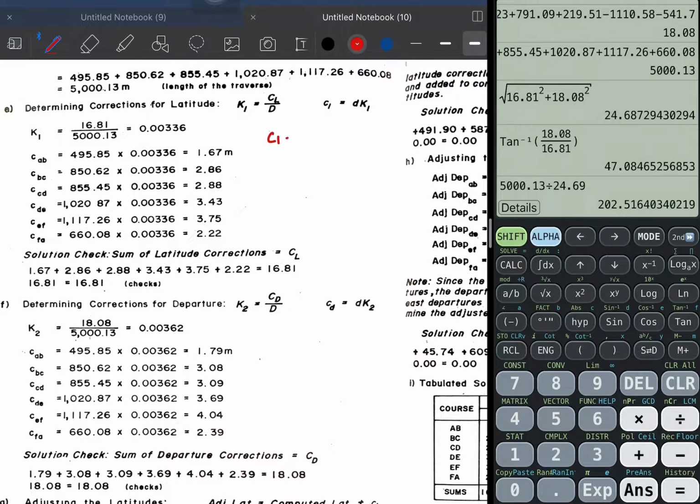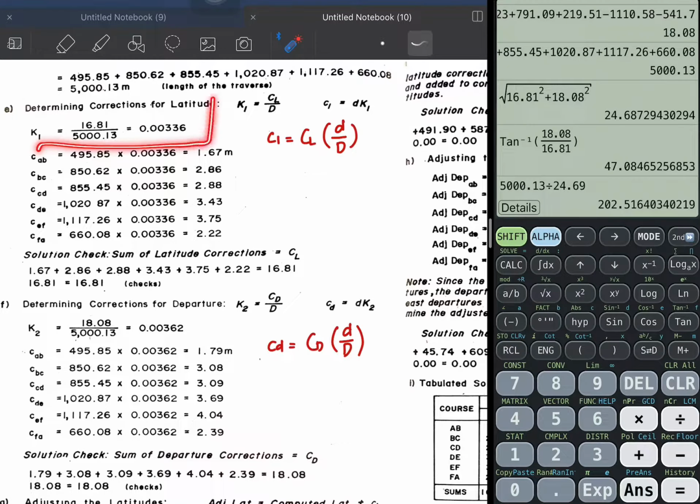Small CL is equal to big CL times small d over big D. That is for latitude. For departure, small CD is equal to big CD times small d over big D. Normally, I will not use the other formula since it already rounded off the value for K.